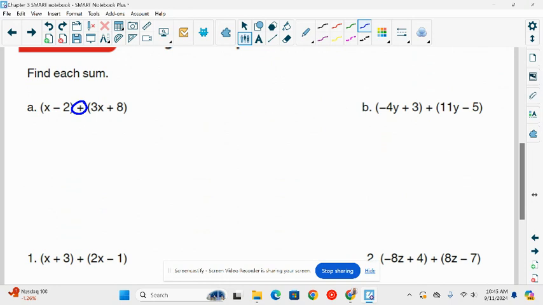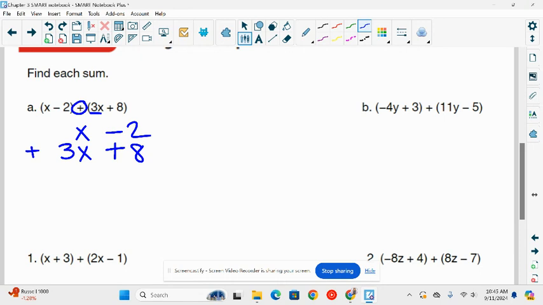So I'm going to take my first expression, x minus 2, and put some space between the terms. And I'm going to stack that second expression up underneath it. But I have to make sure that my x's are with my x's and my constants are with my constants. So here I'm going to put my 3x plus 8.